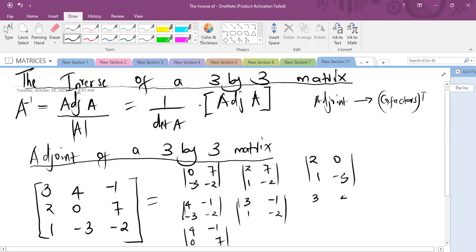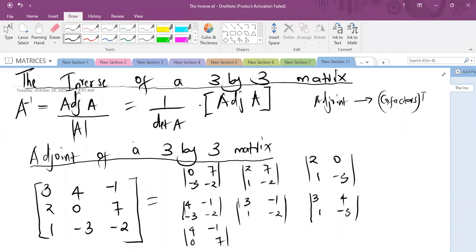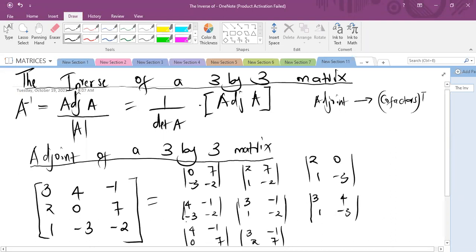Deleting the row and column in which 3 lies, we remain with 3, minus 1, 2, 7. And finally, for this position, deleting the row and column, we remain with 3, 4, 2, 0.